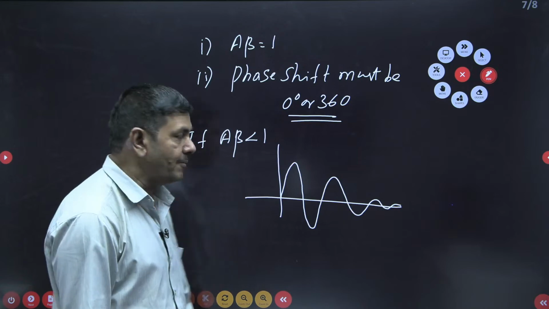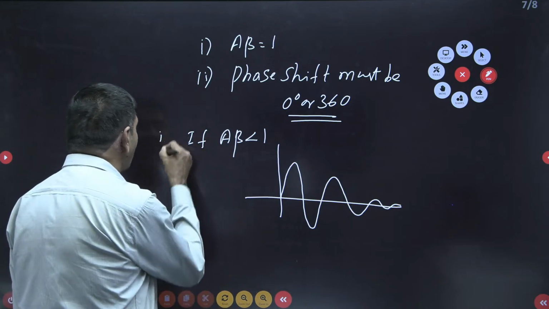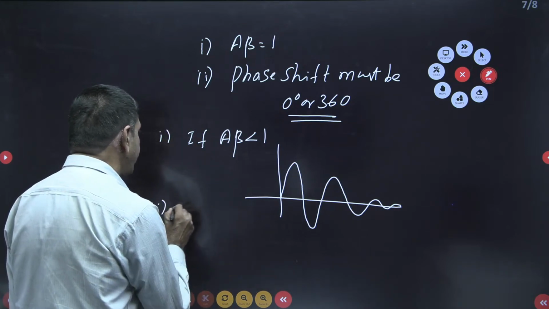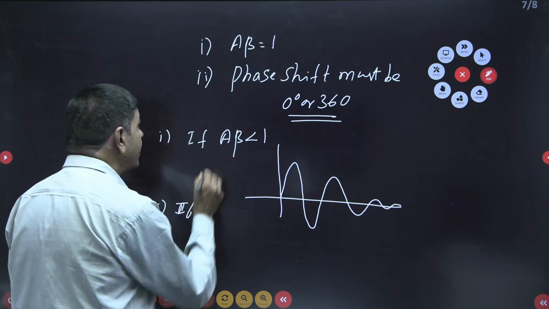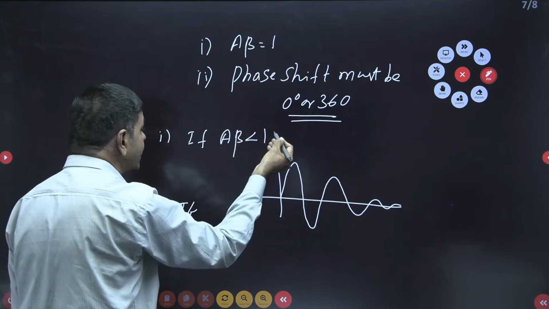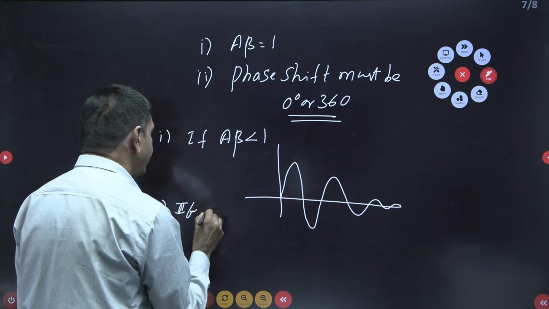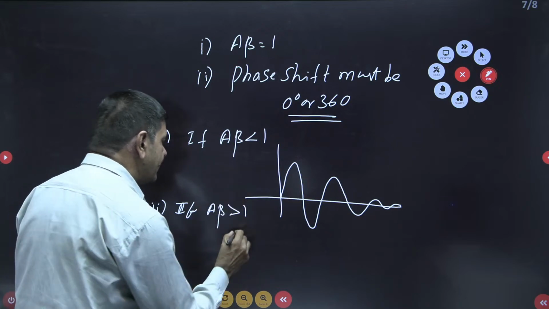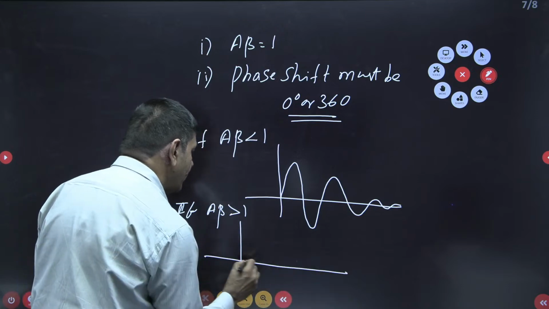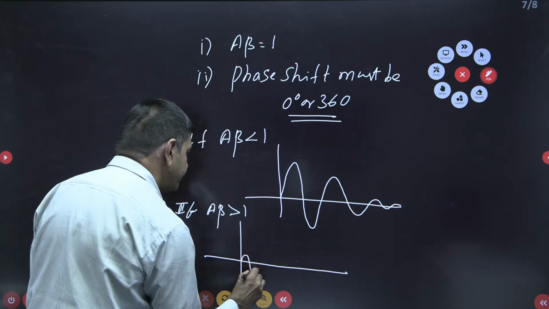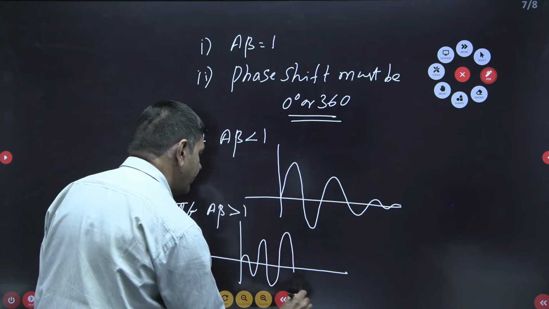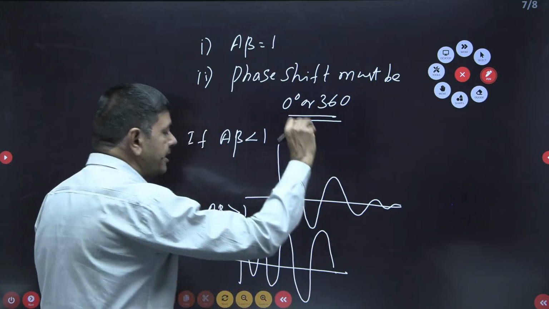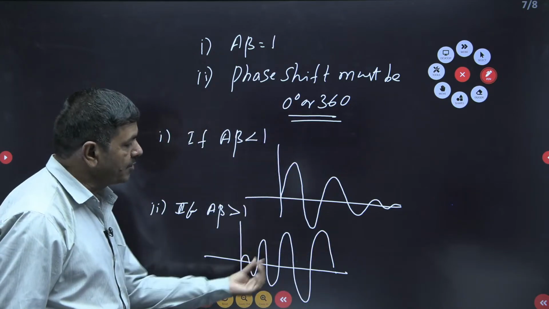If A beta is taken greater than 1, at the time, the oscillations are available in this way, it's going to increase only. Amplitude variation is like that.